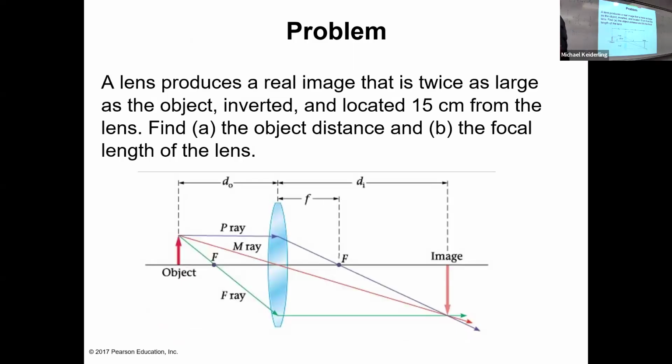So here, a lens produces a real image that is twice as large as the object, inverted and located 15 centimeters from the lens. Find the object distance and the focal length of the lens. So d_i in this case would be plus 15, because the image is real, inverted, and then m is minus 2.